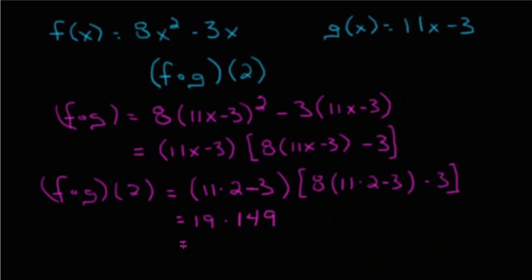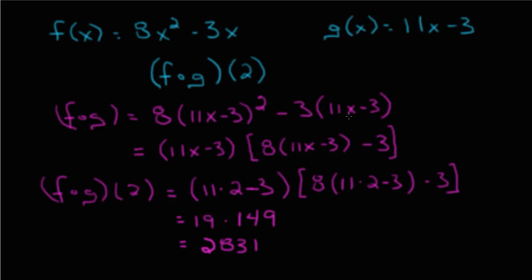So 19 times 149 is 2831. So now if we were to come up here and what we had originally before we factored it, we could do the same thing. We would get 19 squared times 8. 19 times 19 times 8, and that's 2888.